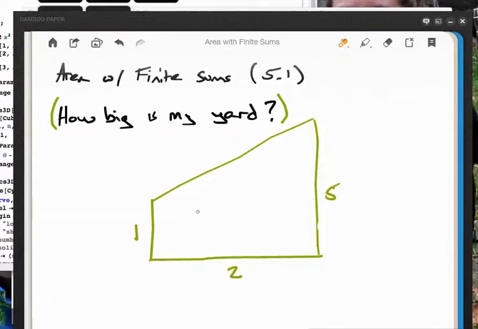Well, we're all clever mathematicians, and we know we can break this up into easier problems. So we break it up like this. So this is now 1 and this is now 4, right?